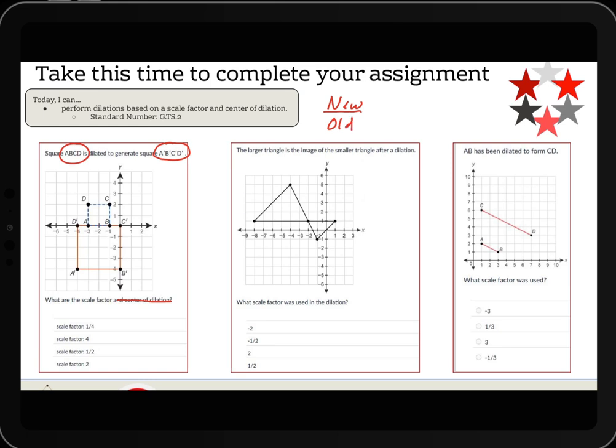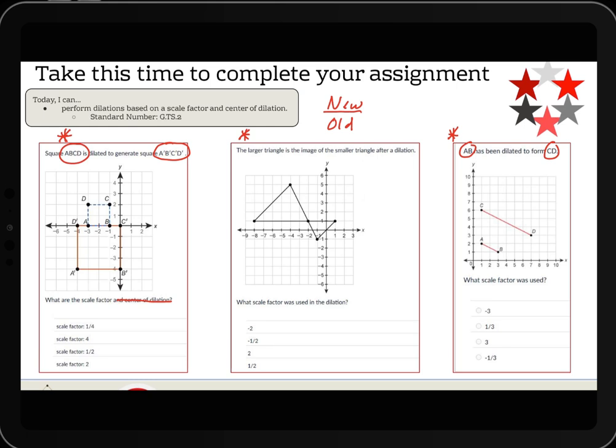What can give away or help reduce your options when selecting your scale factor in the second question as an example? If you look at the last question as well. Also pay attention to that concept of how do you find that center of dilation. If you're looking at the figure in the dilation, what's going to be considered old, what's going to be considered new. Okay, if it's forming CD, that should tell you what's going to be new versus what's going to be old.